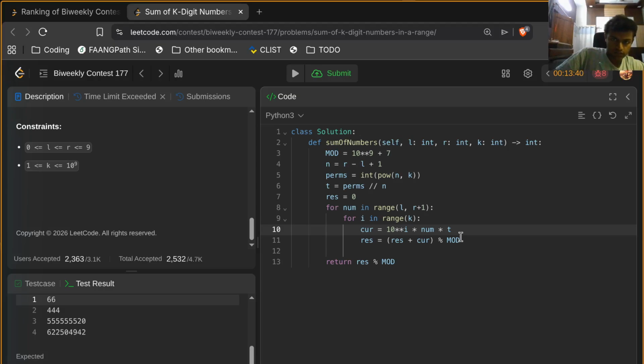So I need some 4 into, basically 10 power 0 plus 10 power 1 plus 10 power 2 plus 10 power 3 plus 10 power k. How do I do this?